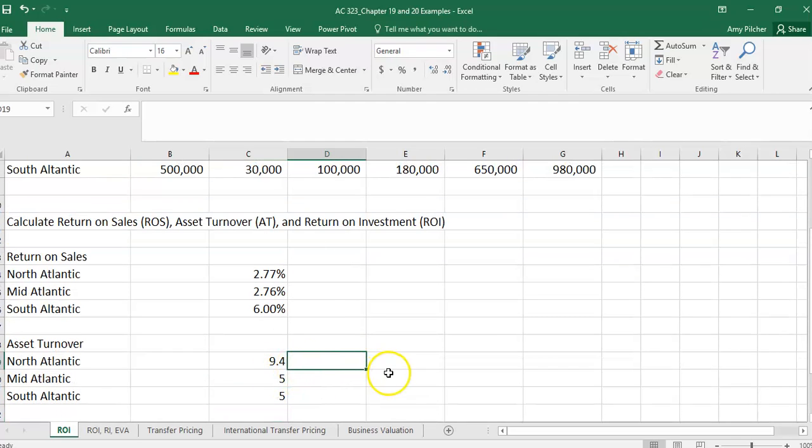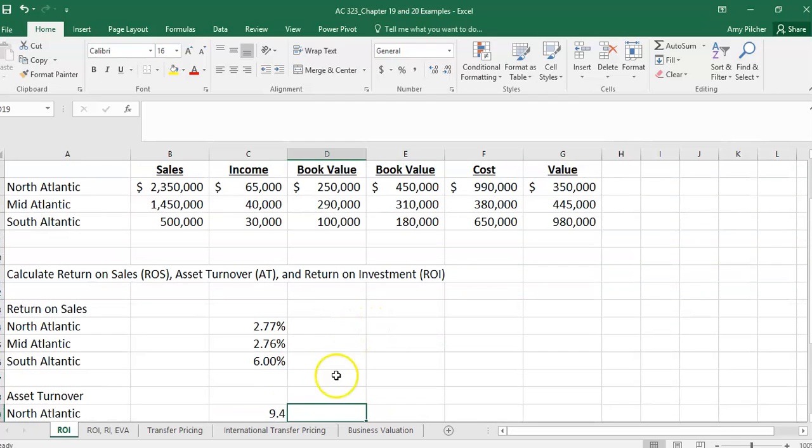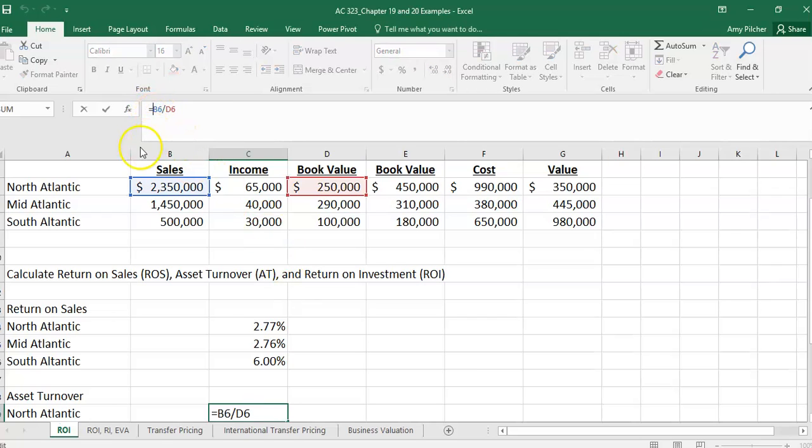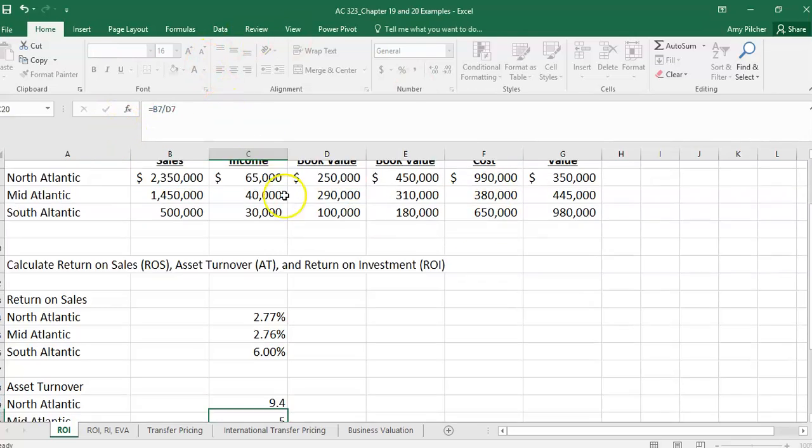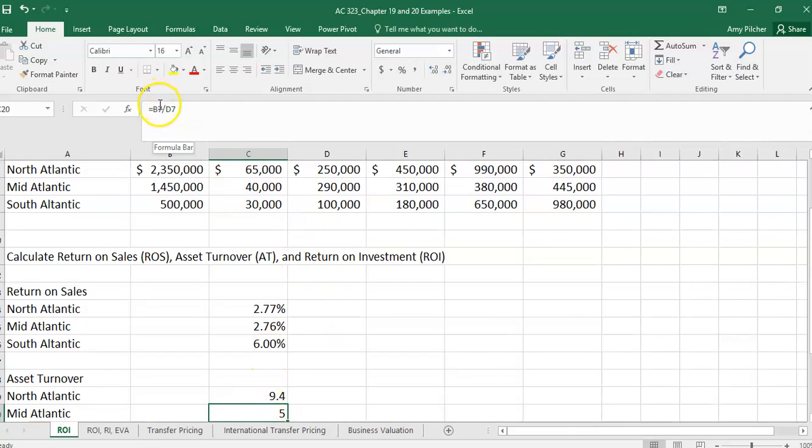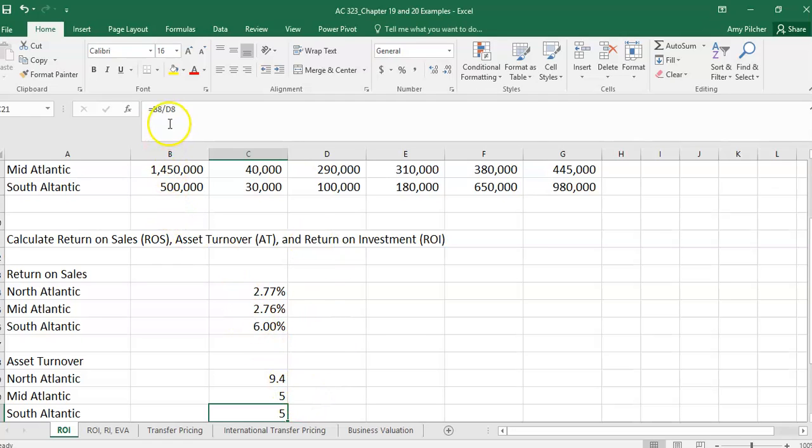And we would do this calculation for each level of assets. So if we lock that sales column, then we can carry those formulas over.